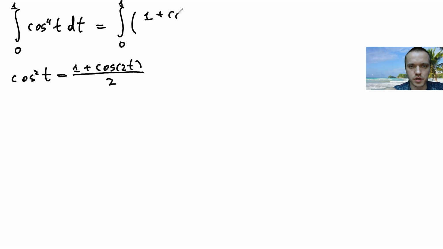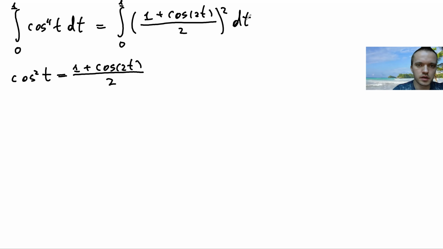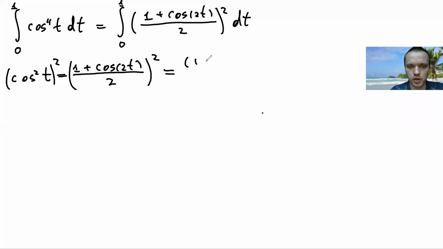And then the integral of the above is going to be the integral from 0 to 1 of ((1 plus cosine 2t) over 2) squared dt. Let's expand the right hand side. If I square both sides, I have (1 plus cosine 2t) squared divided by 2 squared.